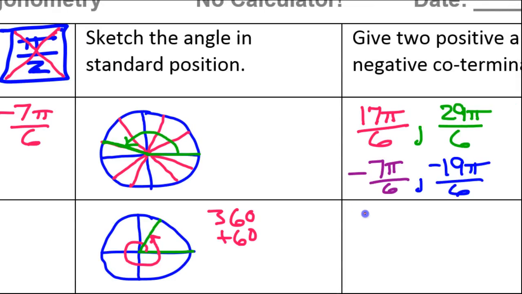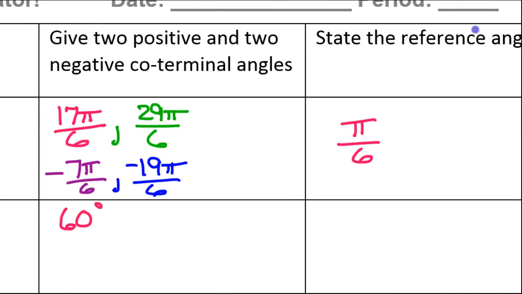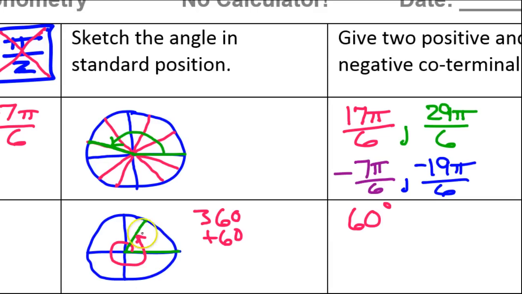So one coterminal angle is 60 degrees. And in a minute, they're going to ask me the reference angle. And that's also 60 degrees, because the reference angle is always the angle that you're making against the x-axis. So this 60 degrees right here is also the reference angle.